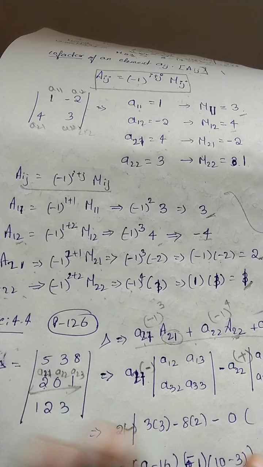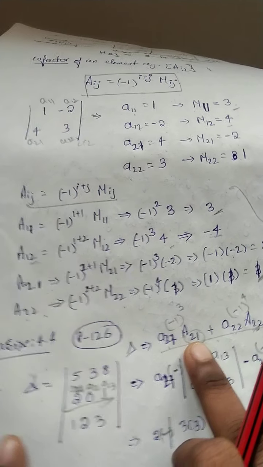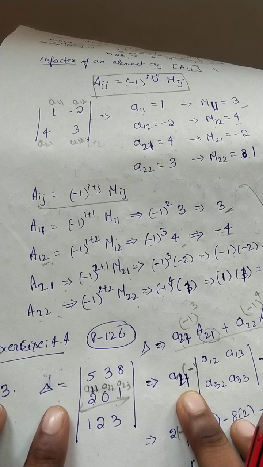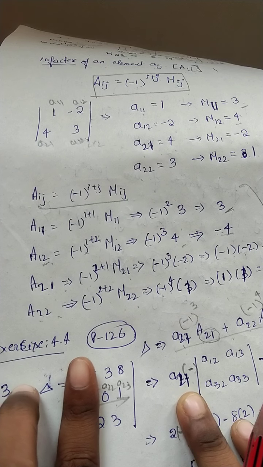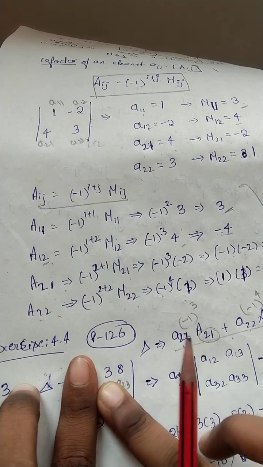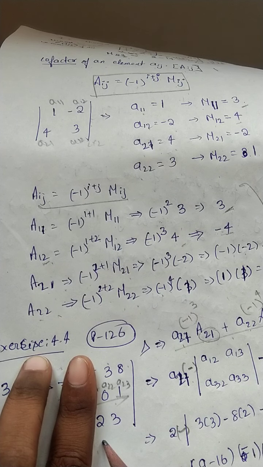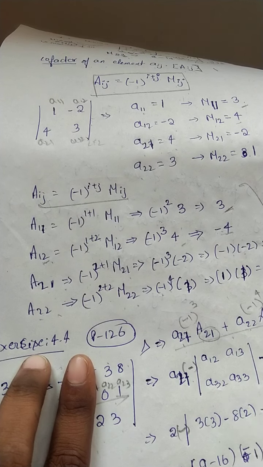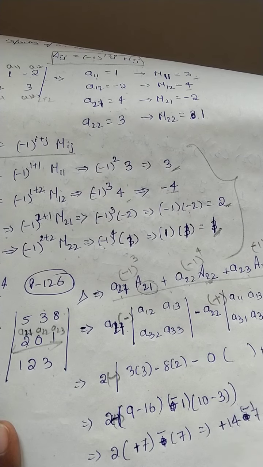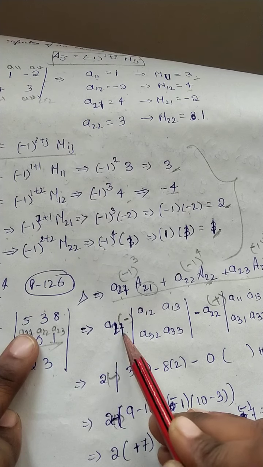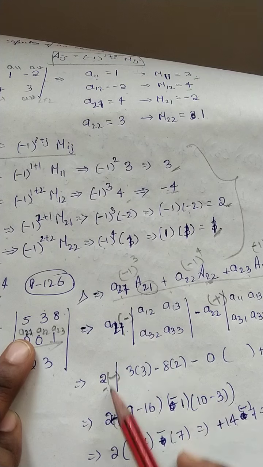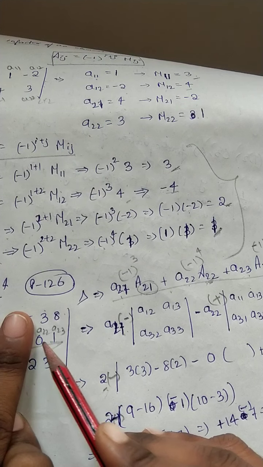Now for A21, you write the element A21 like that, eliminate that row and that column. The left out values are A12, A13, A32, A33. Now you see A21 value is 2, and I have written 2 with the negative sign. Now eliminate that row and that column.